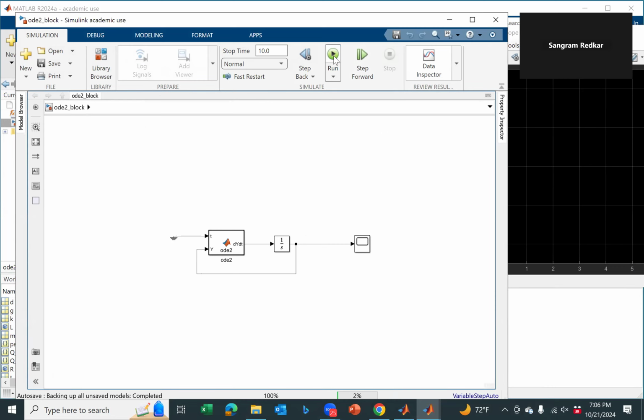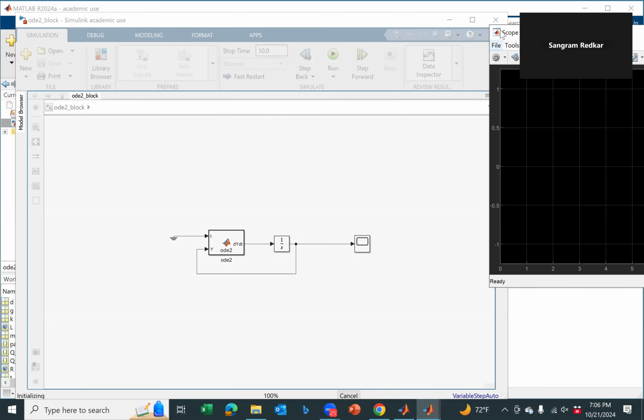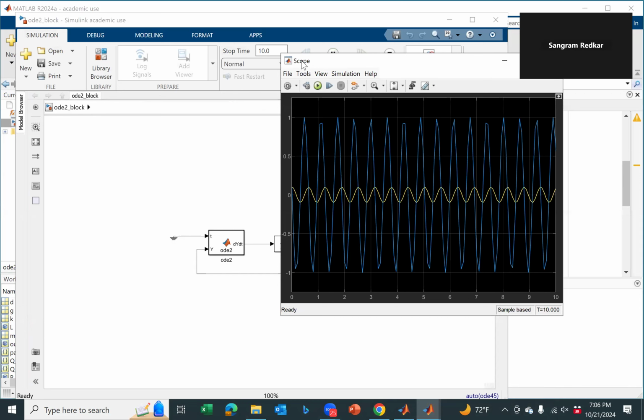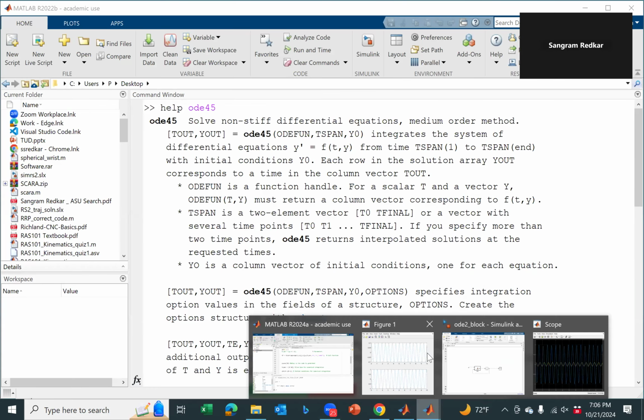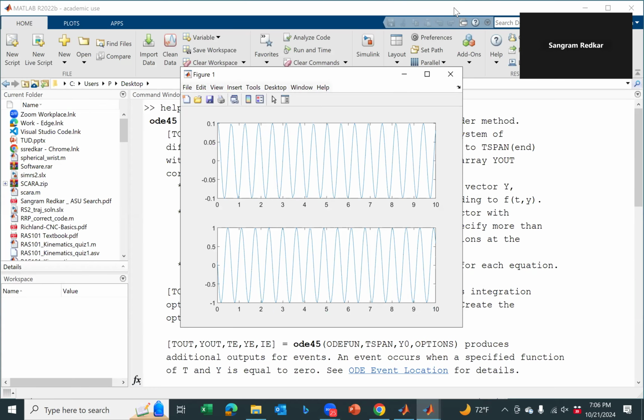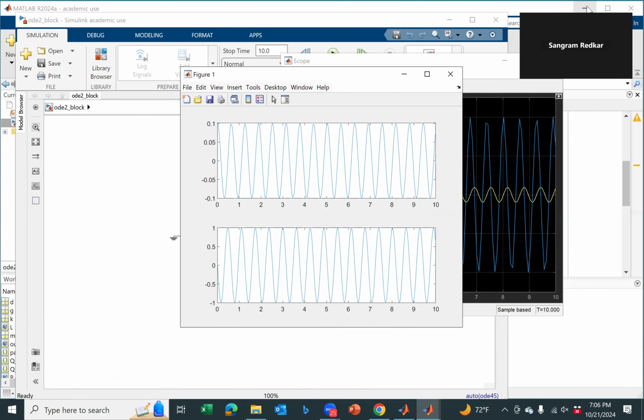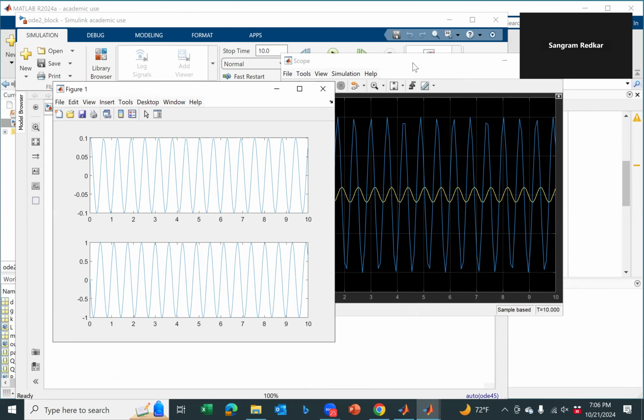And then you can actually run this script and then you will get the plot, which is nothing but the same plot that you got from your MATLAB function. So this plot is similar to the plot that you have over here.